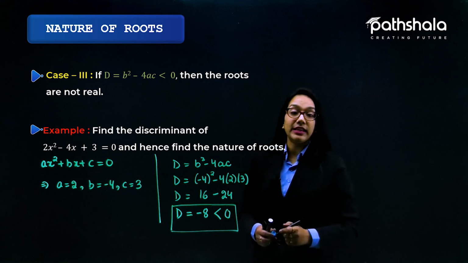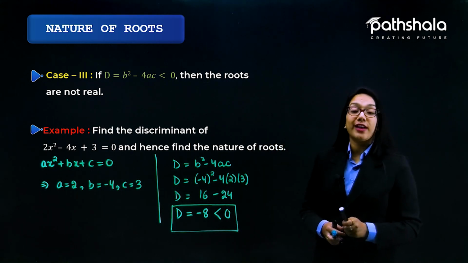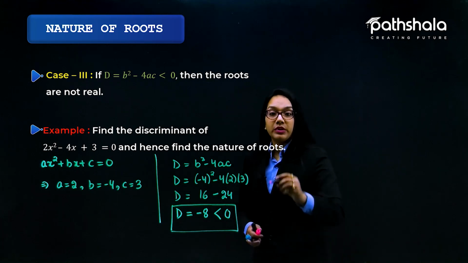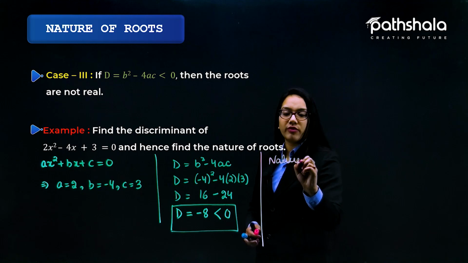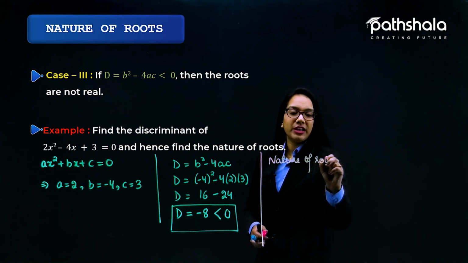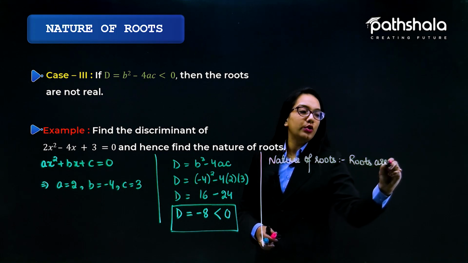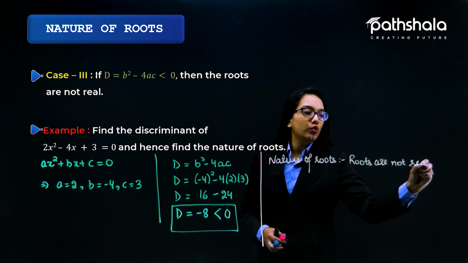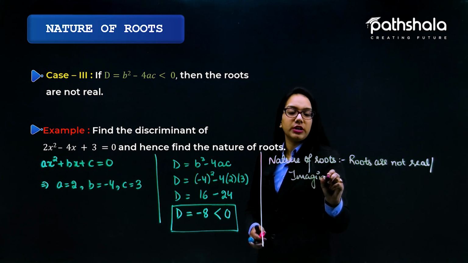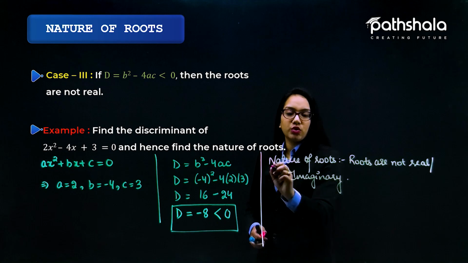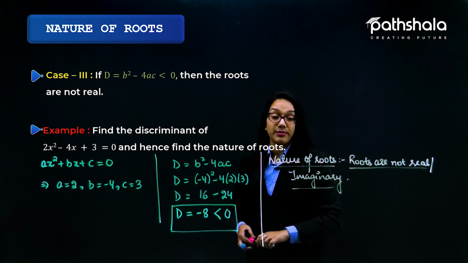So whenever D is less than 0, the roots are not real, or we can call them imaginary roots. So what will be the nature of the roots? Roots are not real, they are imaginary.